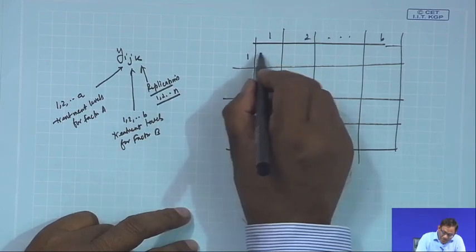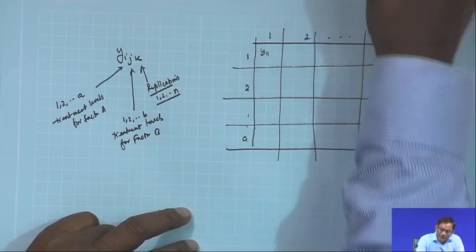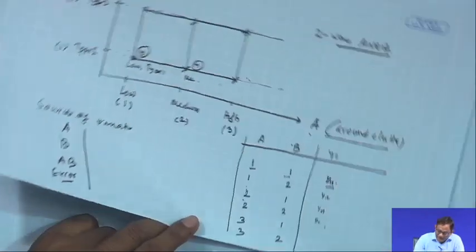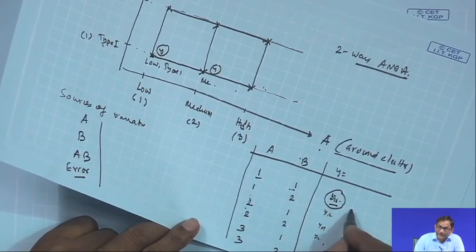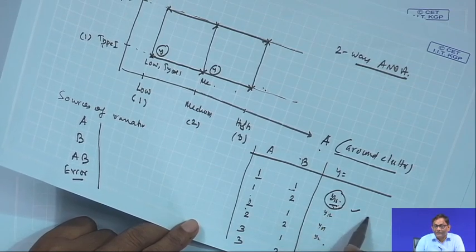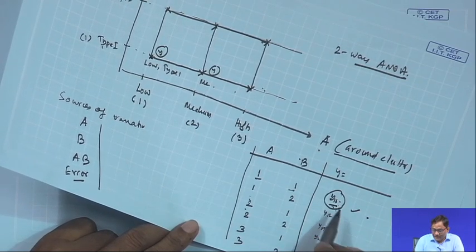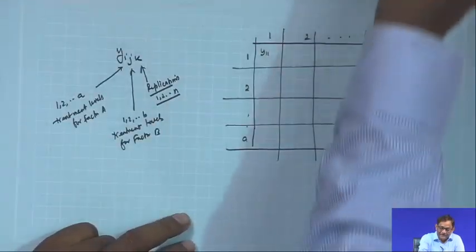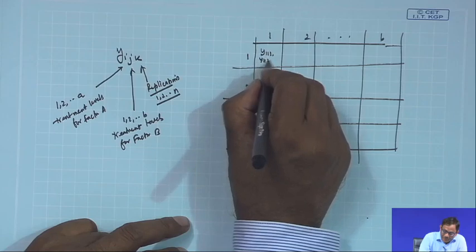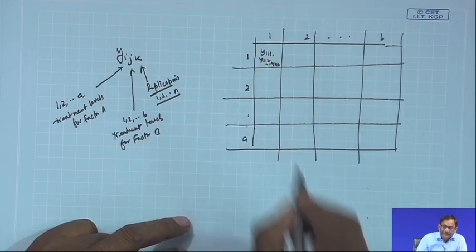And here y11, as I showed you earlier, but at that y11 level there will be n number of experimental runs. So y111, y112, like this, y11n.